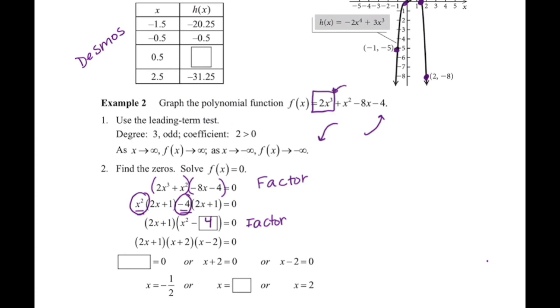We'll set each factored piece equal to 0. 2x plus 1 is 0, x plus 2 is 0, and x minus 2 is 0. So we have now 3 values of x. X is -1/2 when I subtract 1 and divide by 2. X is -2. And x is +2.